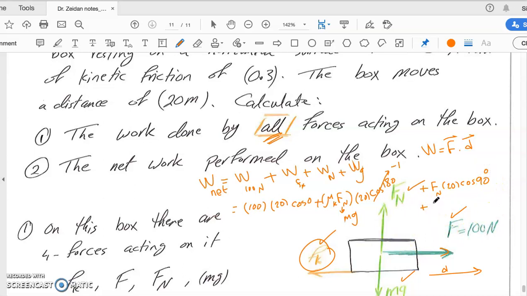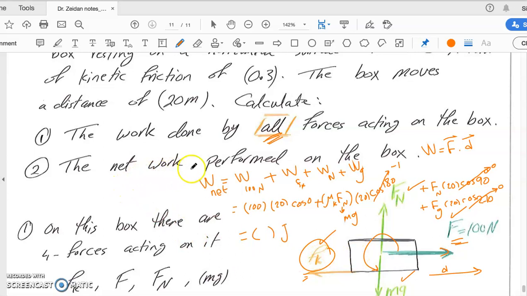Plus the work due to gravity, which is 0 anyway, so we don't have to calculate it, times 20 times cosine of the angle between the gravitational force and D, which is 270, and this is also 0. So there is no work done by the normal force and the gravitational force. The only work is done by this force and the friction force, okay? And you calculate the total ones.